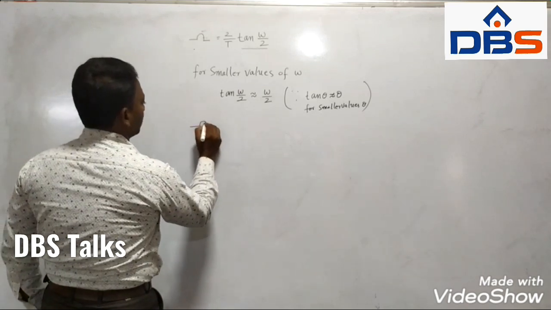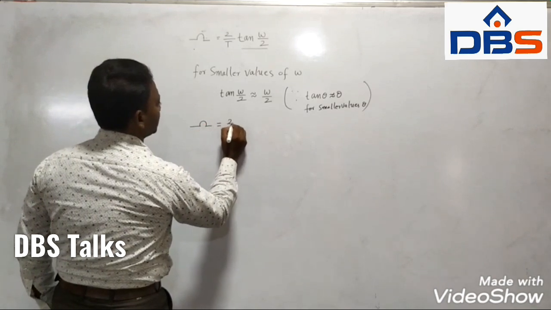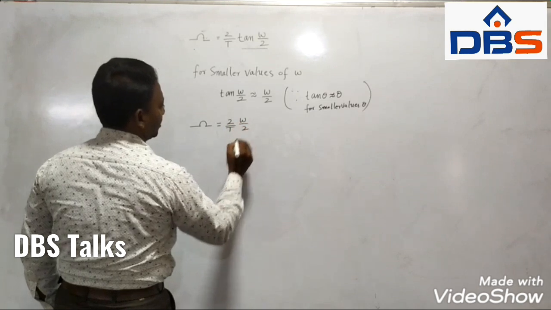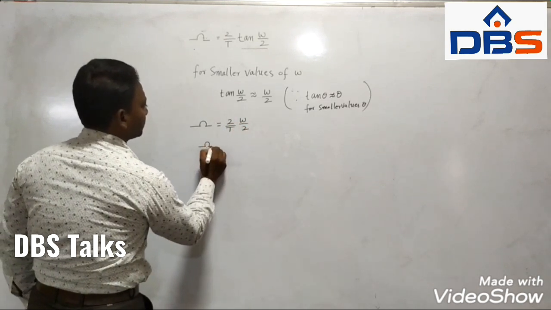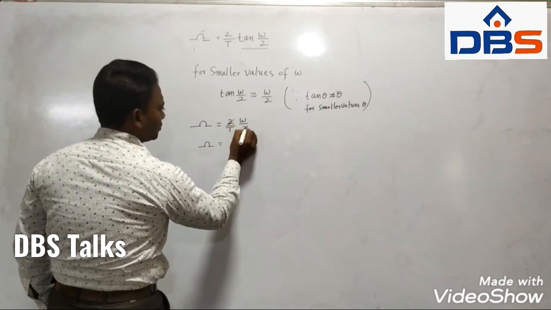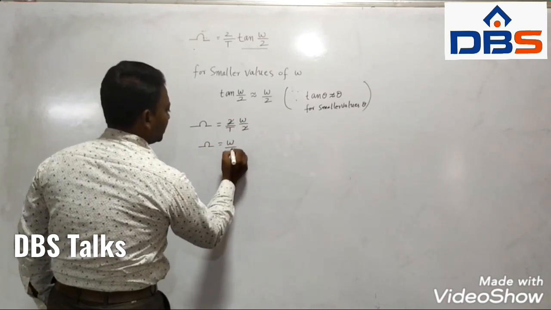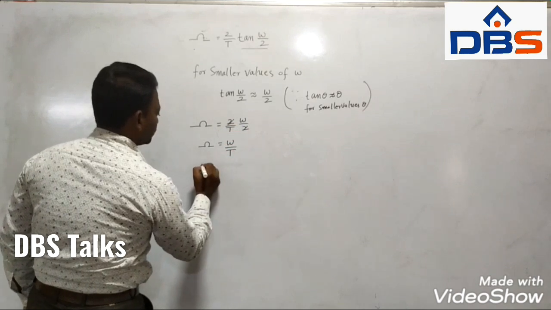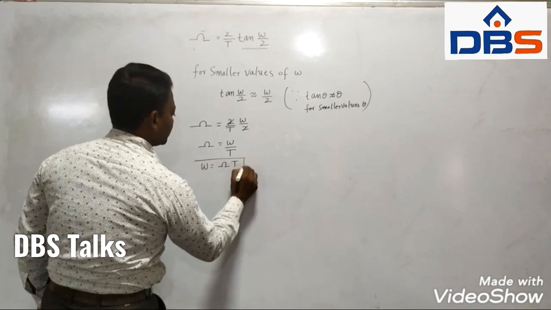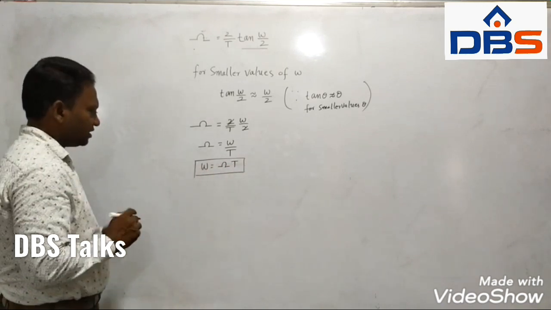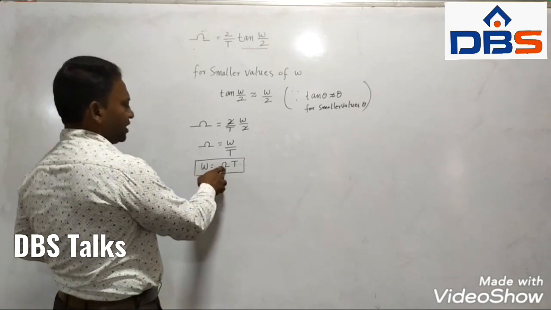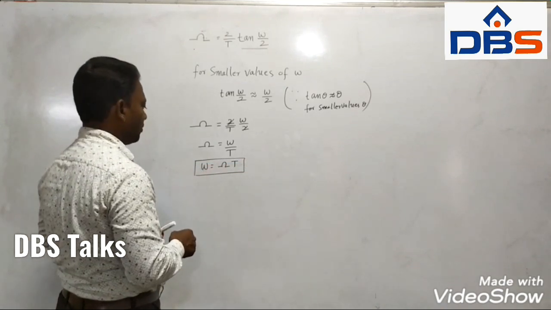Now therefore this analog frequency is equal to 2 by T times digital frequency divided by 2. So from this, the 2 will get cancelled, omega by T. Therefore omega is equal to the analog frequency times the capital T. Okay, this is the important relation between digital frequency and analog frequency.